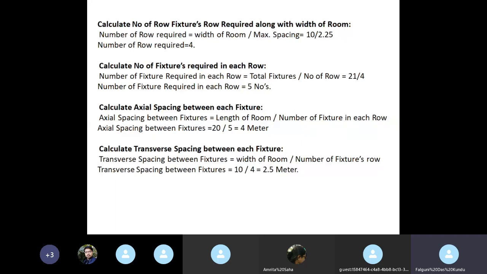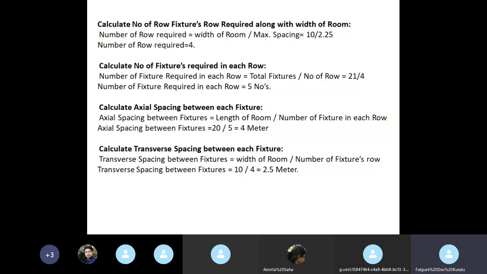Now calculate the axial spacing between fixtures, which is the length of the room divided by the number of fixtures in each row. The length of the room is 20 and the number of fixtures in each row is 5, that is 4 meter. Axial spacing means the horizontal spacing.